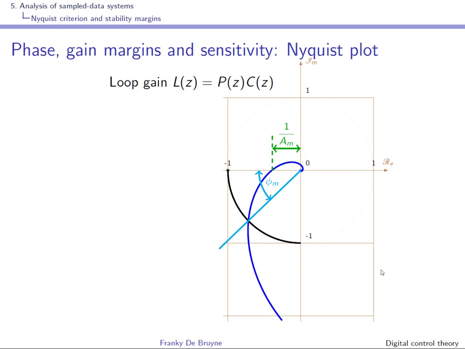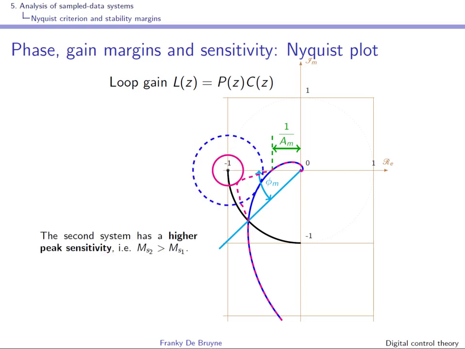We therefore have to introduce a new robustness criterion, and this criterion involves the shortest distance between the Nyquist curve and the critical point. We'll define the sensitivity as 1 over the shortest distance. If you then look at the second case, you can see that this shortest distance is smaller, and therefore we say that the second system has a higher peak sensitivity.